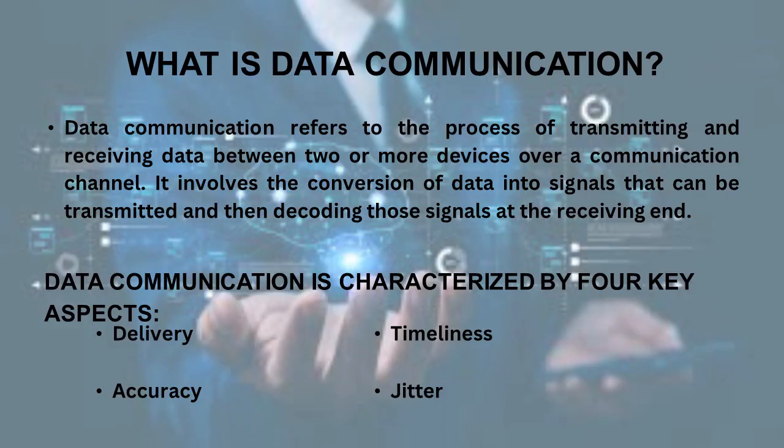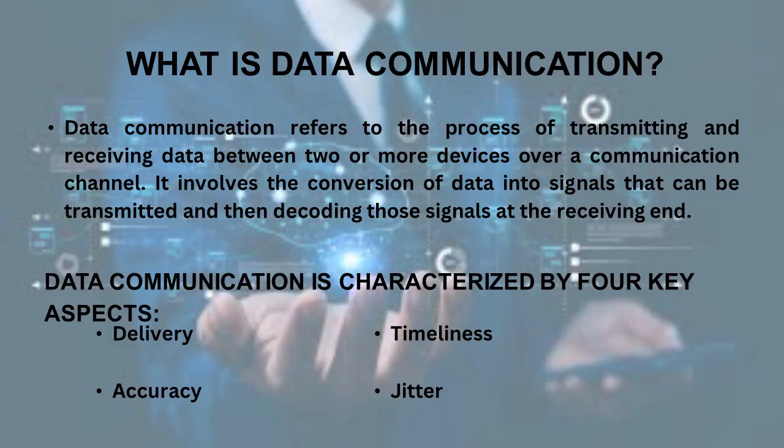The data like text, images or videos is first changed into signals, electrical or wireless, that travel through a communication channel like cables or Wi-Fi. When the signals reach the receiving device, they are converted back into the original data so the receiver can understand it.